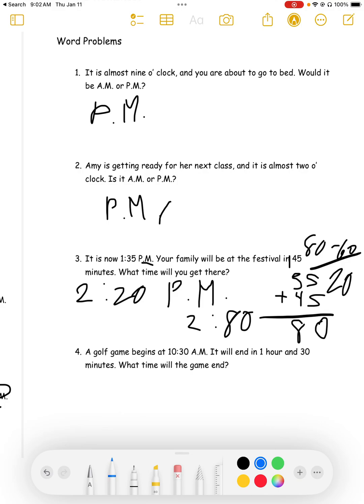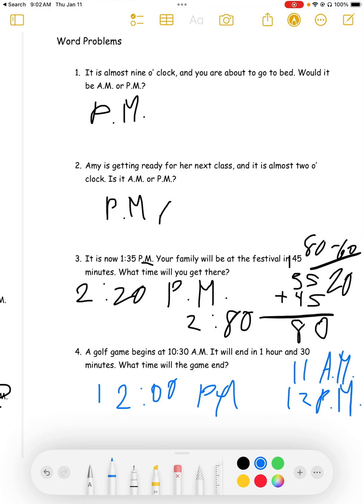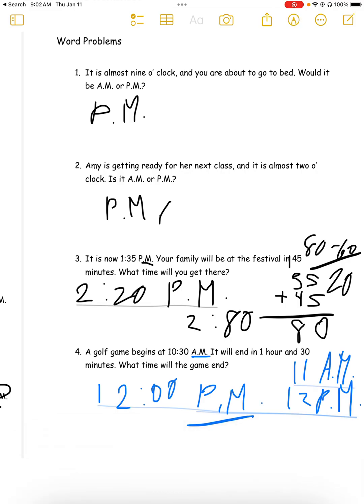So it'll be 12 p.m., because 11 is considered a.m., but when it hits 12, it's considered p.m. So that's how it changes from a.m. to p.m.